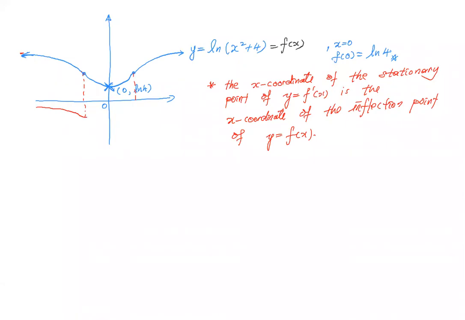After that it continues to decrease until here, where the rate is 0. Then after that it goes up. Here is the maximum rate. Then after that it changes again. So this is your f prime x graph.